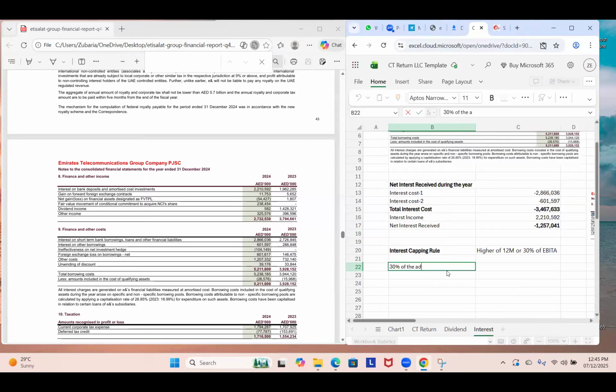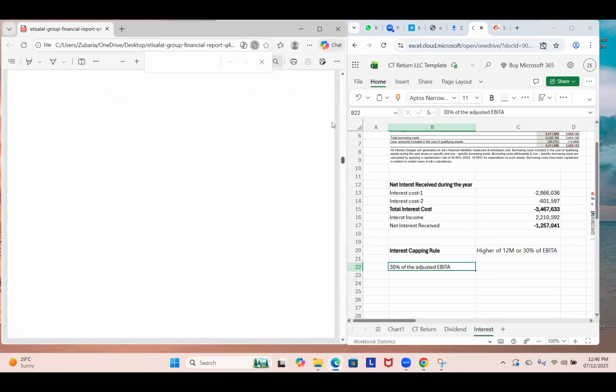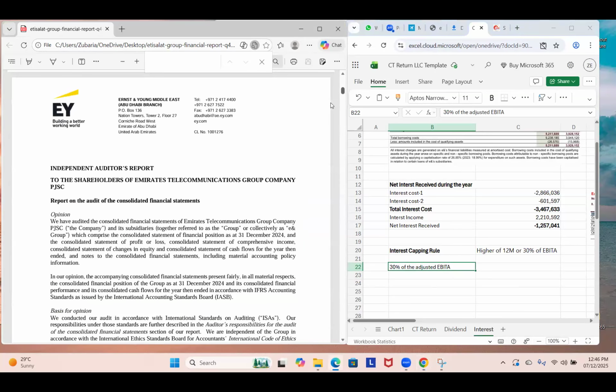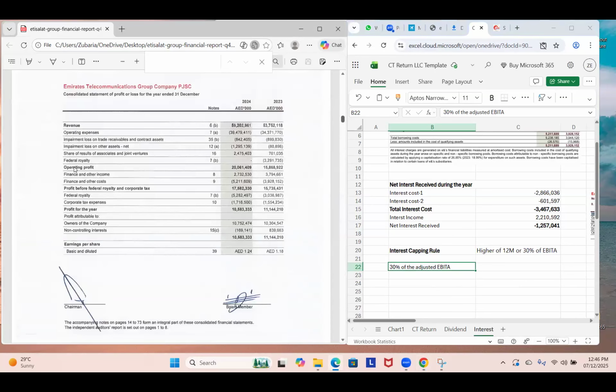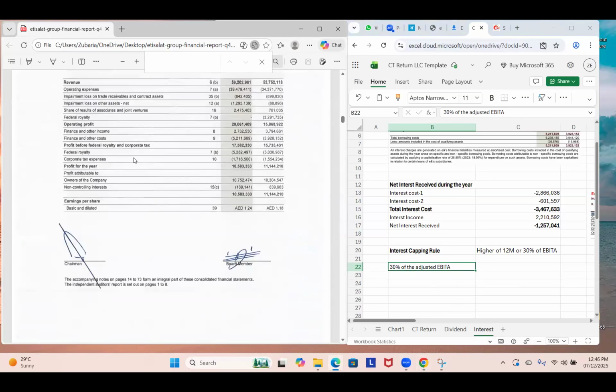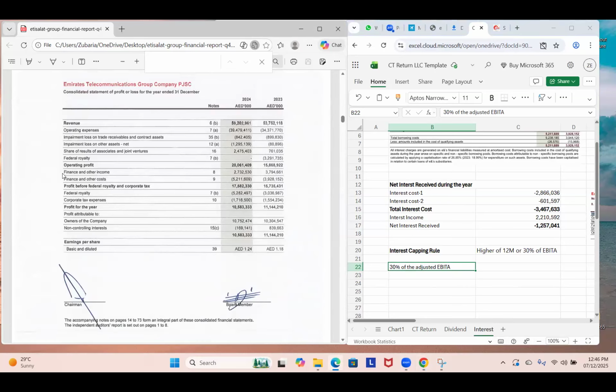So now earnings before interest and taxes, because this section will be interest and tax. So earnings before interest and tax is 20 million here.